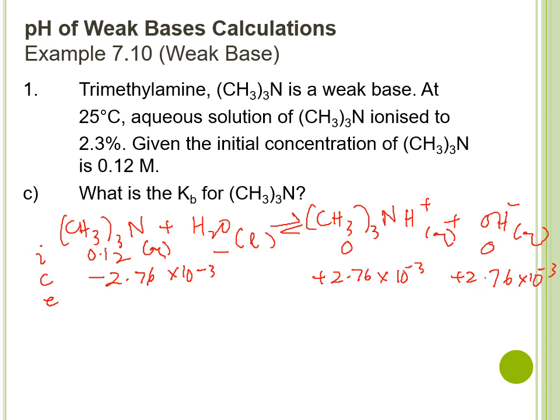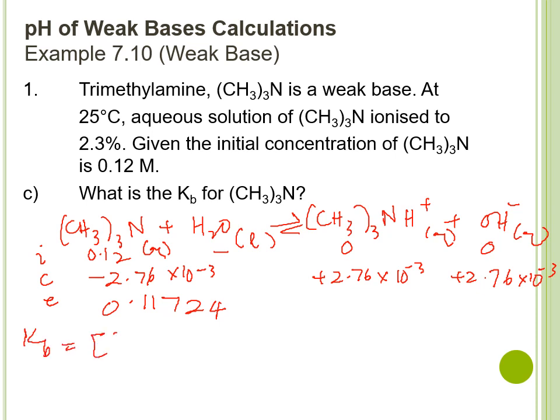So what is happening here? We need to calculate the final answer of concentration for each species. So this is 0.11724 molar. So what is the Kb expression?